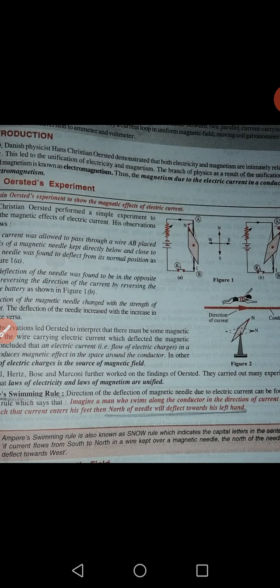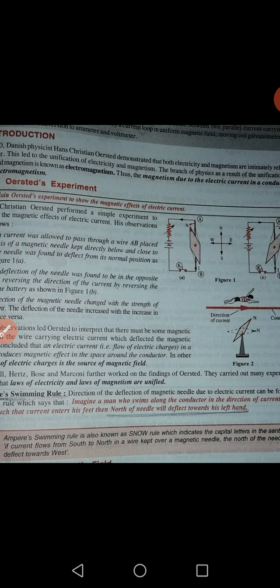That part we will discuss in the next chapter on electromagnetic induction, but in this chapter we are discussing that when there is a current around the loop or around the wire or around the conductor we get some magnetic field. Okay, so first of all, Oersted's experiment, what he did in his experiment.